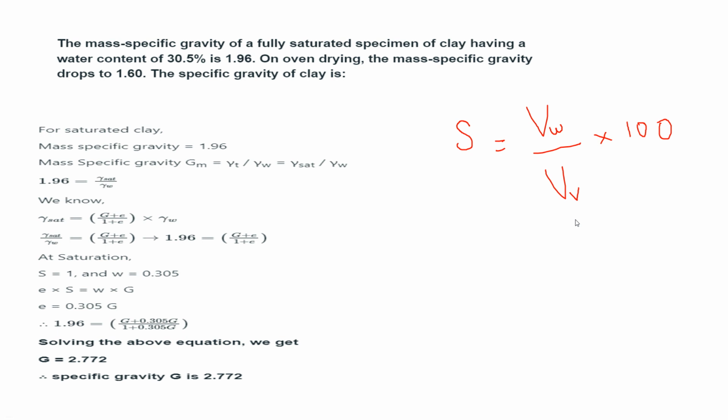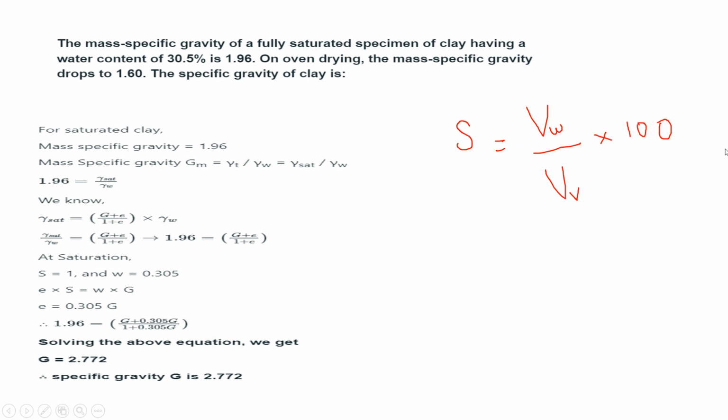So this is very easy to remember. When the soil is dry, your volume of water is going to be zero. So S is going to be zero for a dry soil. When it is saturated, these are some hidden things which they won't tell you explicitly in GATE or anywhere. So you have to understand that if a soil is fully saturated, you have to take the degree of saturation as 1.